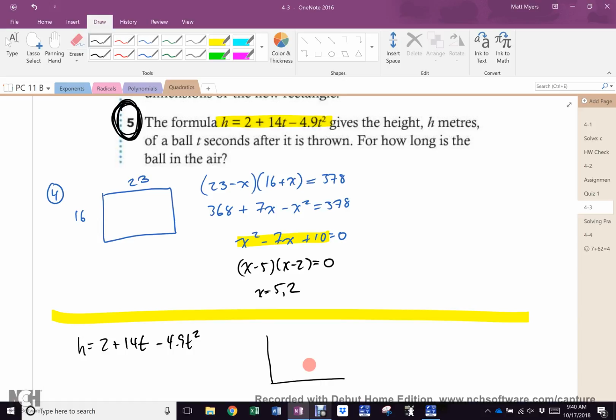Is everybody cool? When I throw the ball, what starts happening to time? It starts going up. What starts happening to the height? I'm throwing the ball. I will demonstrate. Ball. What happened? The ball went up in height to a peak and then what?